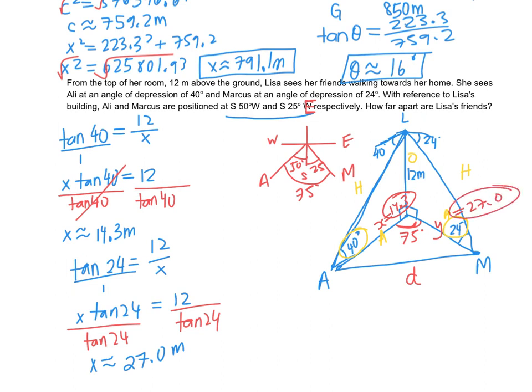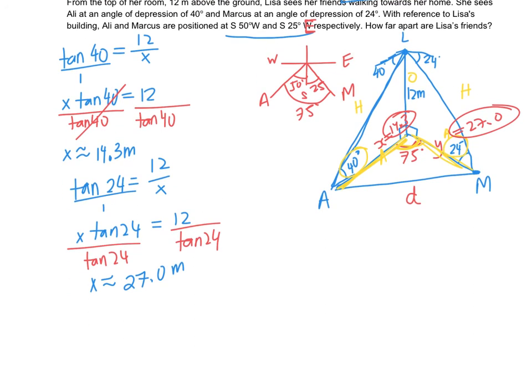Now, if I look at my triangle, I have this side and the contained angle. So it ends up being cosine law for one final time to find that distance. So my distance squared is the 14.3 squared plus the 27.0 squared minus double those distances times cos 75.